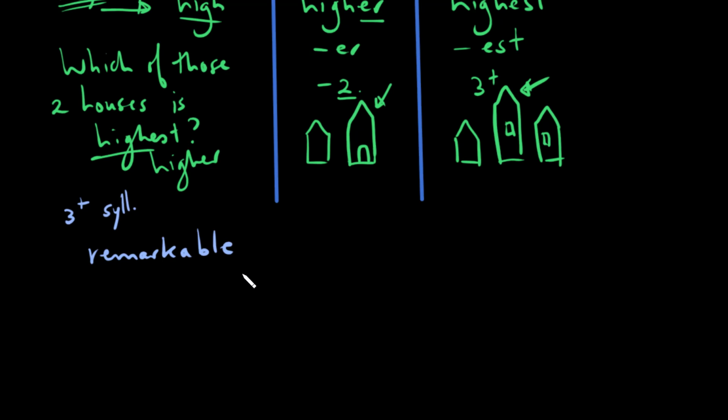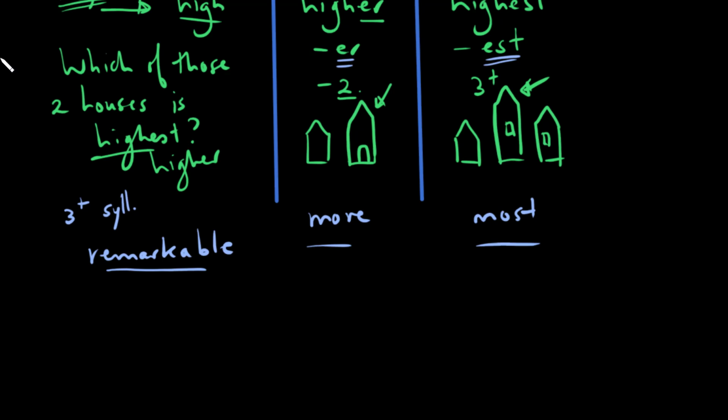Quite a few syllables there. If you have a longer adjective like this, then you don't form the comparative by adding ER and the superlative by adding EST. What you do instead is you use this little word more, as well as most. So you would say more remarkable and most remarkable.